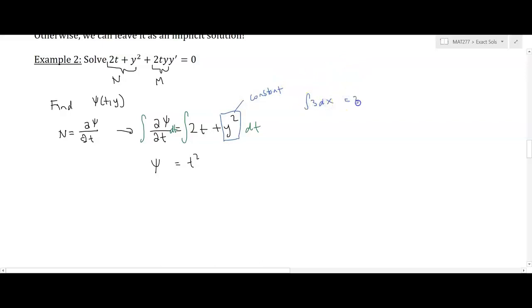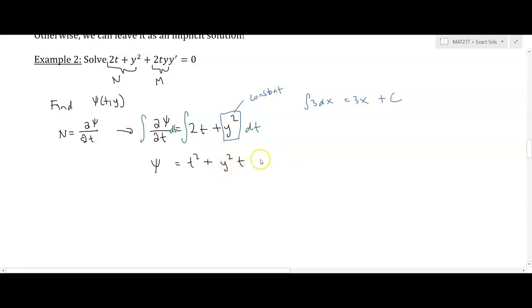Well, you would get 3x, plus some constant, potentially. Therefore, the integral of y squared, because we're treating it as a constant, is going to be y squared t. This is just some constant right now because we're holding it fixed.